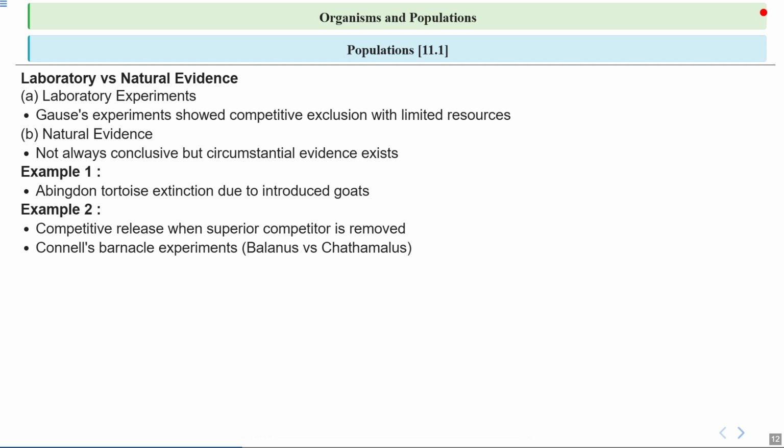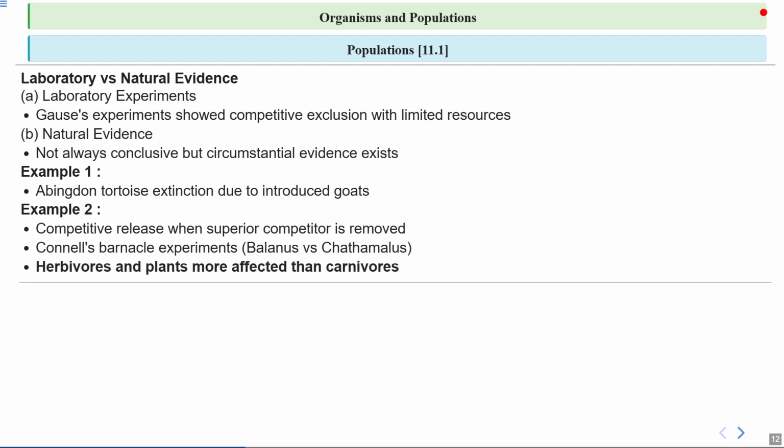Its population increased. Now there is one more point: herbivores and plants are more affected than carnivores. Herbivores and plants often feel the impact of competition more strongly than carnivores. This is because they are directly competing for resources like food and sunlight, which are often limited.